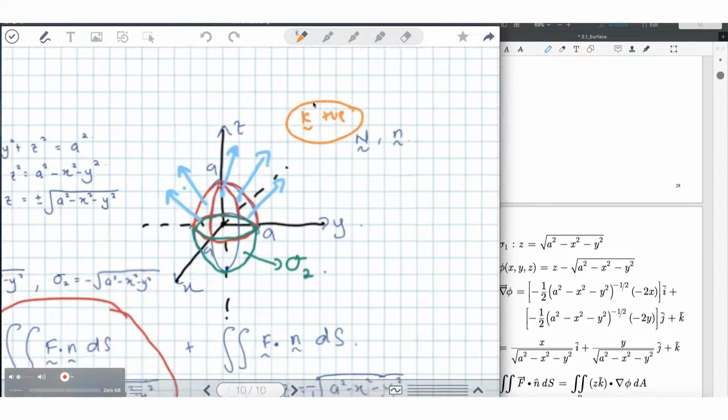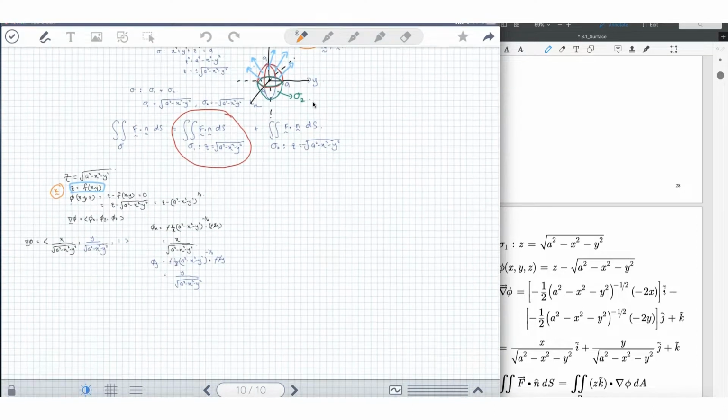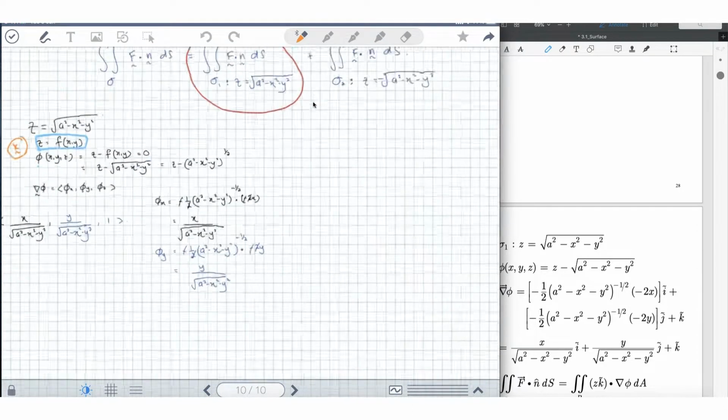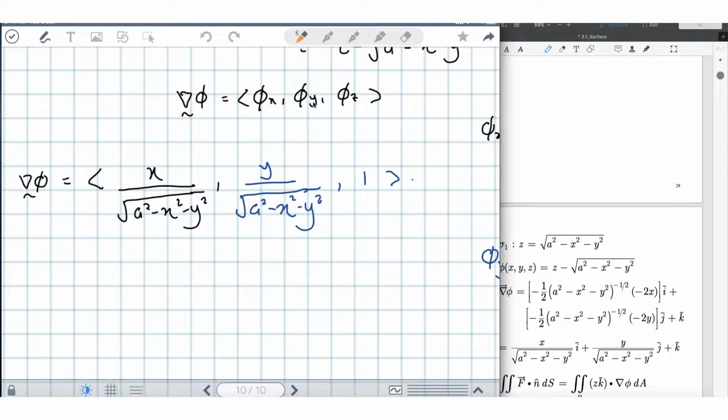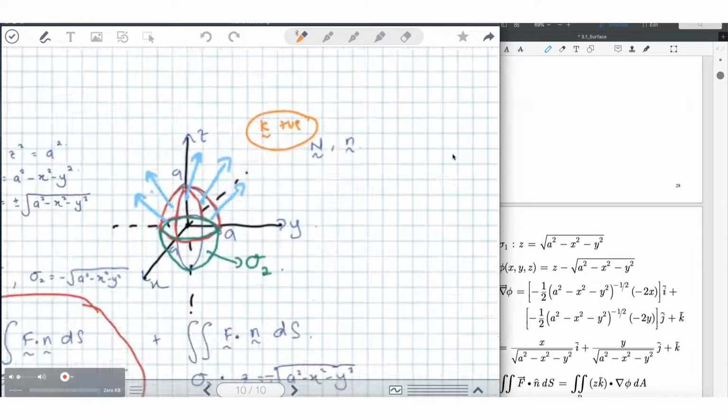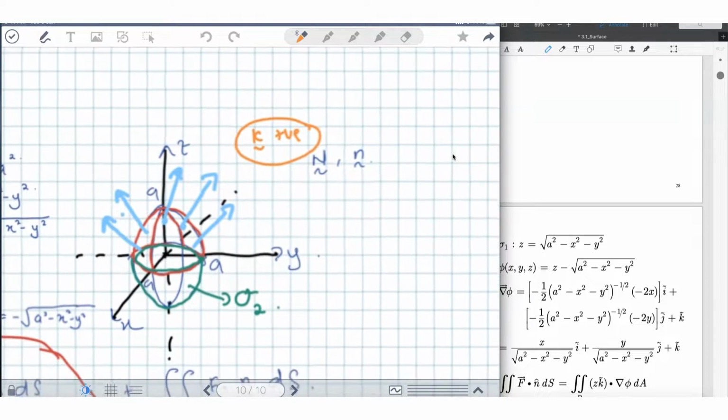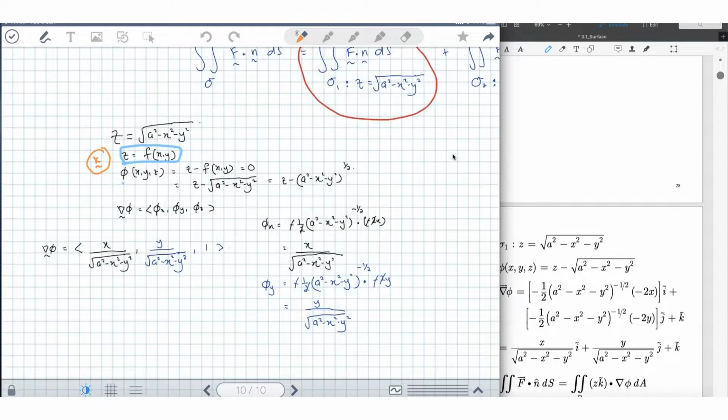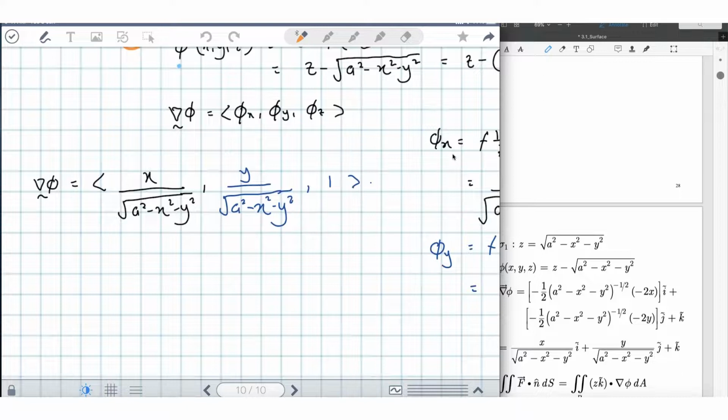Now you check your gradient. What is your gradient just now? Just focus on the k component. Where is it? This one. We decided to have k positive. Now we check: is it positive? Yes, it is positive.